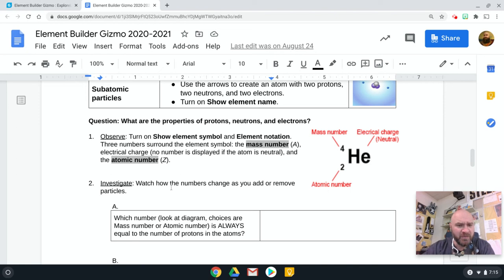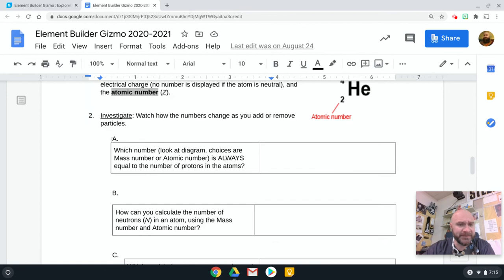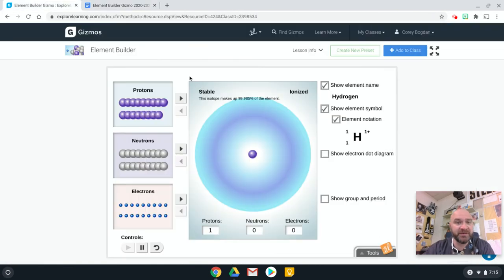All right, watch how the numbers change as you add or remove particles. Okay, which number, look at the diagram, and my choices are mass number or atomic number, is always equal to the number of protons. So I'm going to be changing the number of protons, and I'm looking for which of these numbers is always equal to protons. Well, right now, no matter how many protons I have, you can see down here I've got 10.